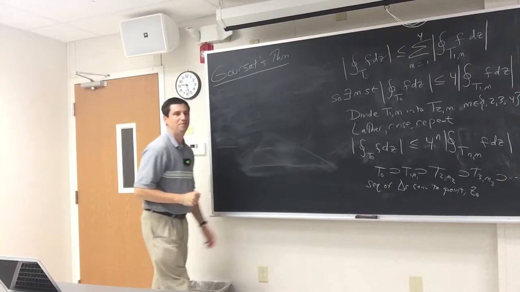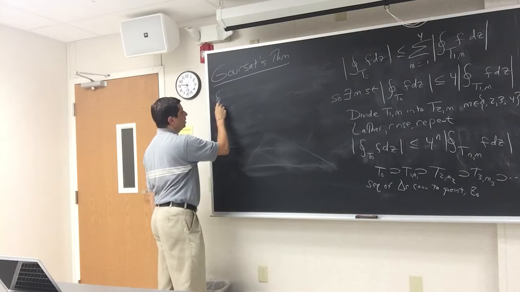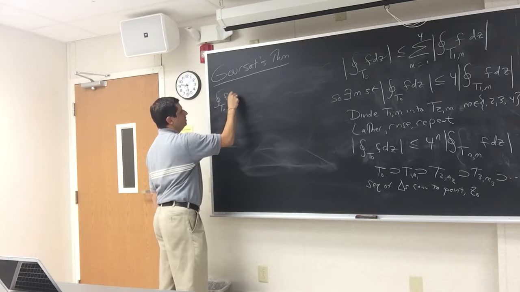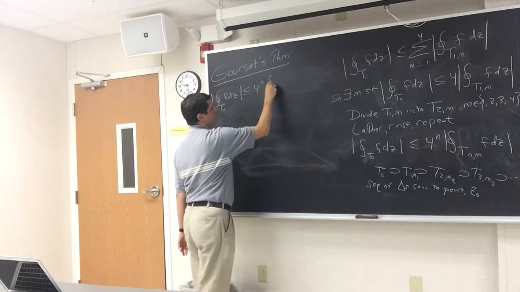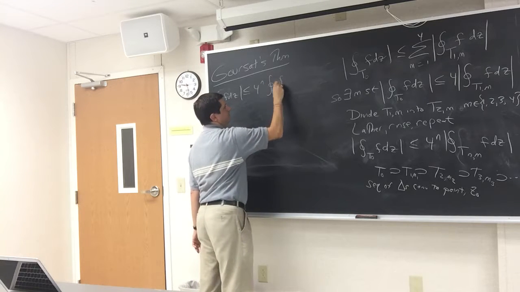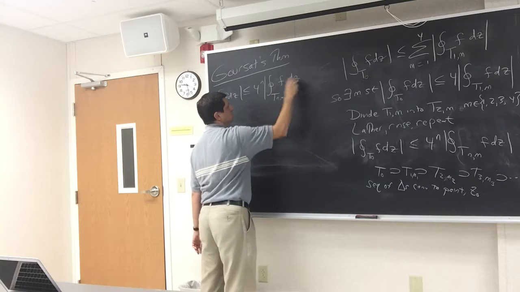So now what we have is the integral along t naught of f dz is less than or equal to 4 to the n, the integral of f dz over tn mn.